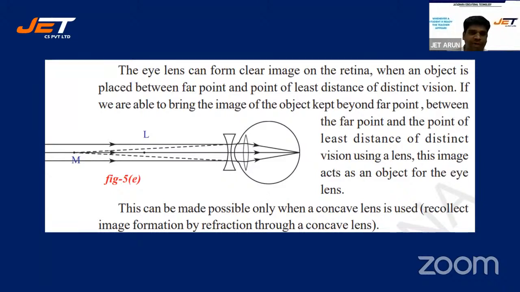That is, when the object is far away and I bring its image between the far point M and the point L, the point of least distance of distinct vision, then that image acts as an object for the eye lens. And this is made possible by using a convex lens, students, concave lens, sorry. So we correct myopia with a concave lens.